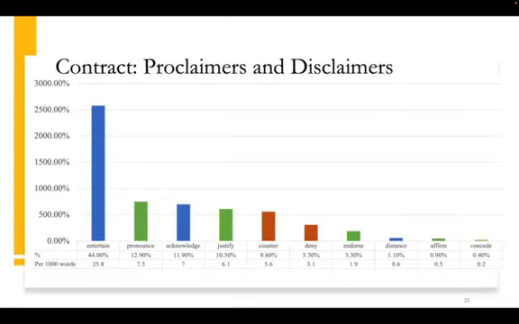Now, proclaimers and disclaimers. As we can see here, there are more proclaimers than disclaimers. So proclaimers are in green, disclaimers are in orange. But in disclaimers, we can see that counter or concession is used more than deny. So there is a difference between them.